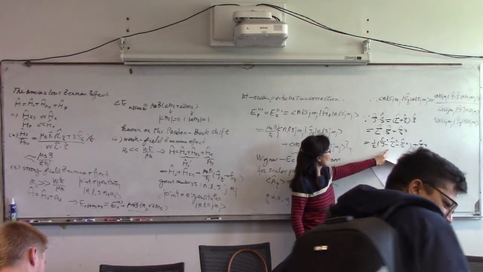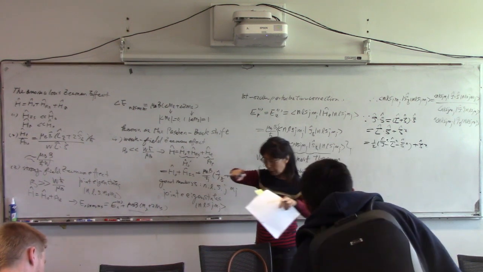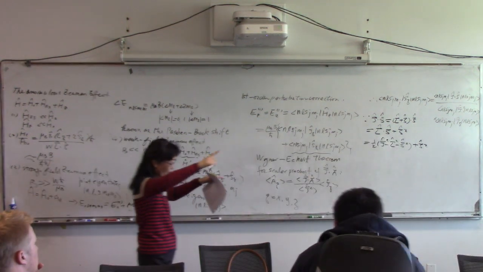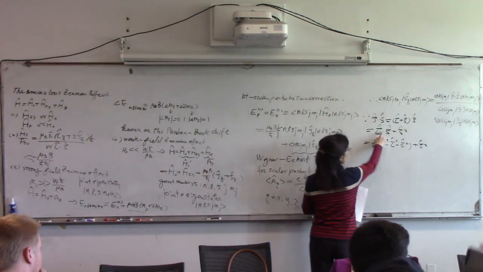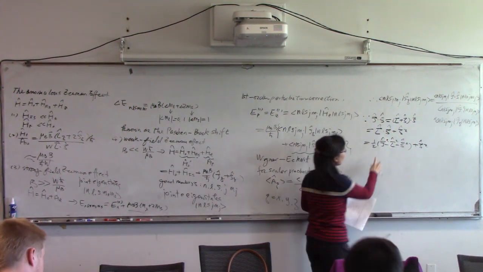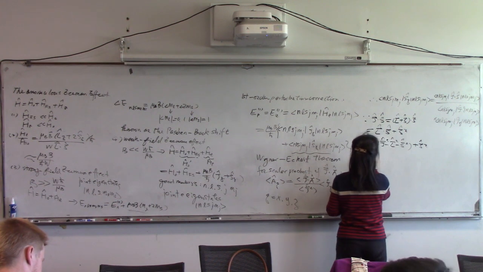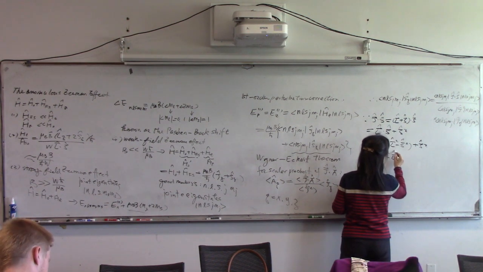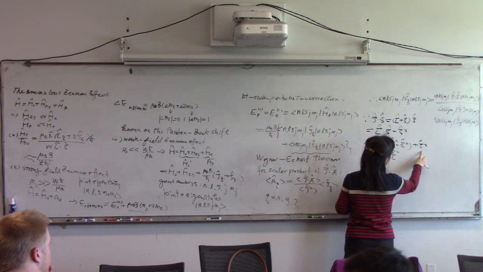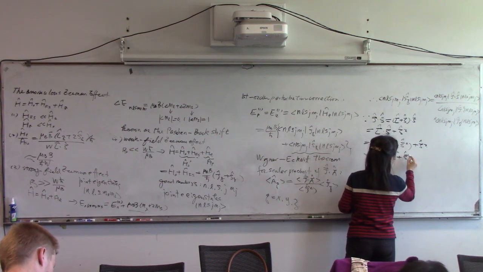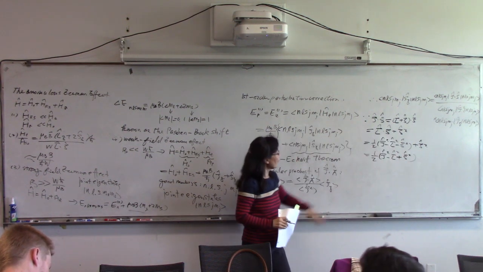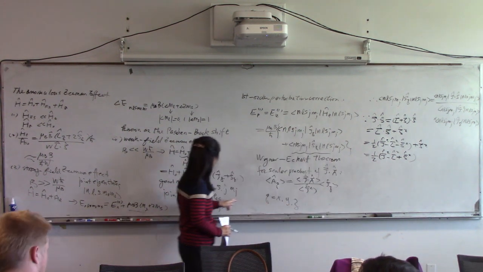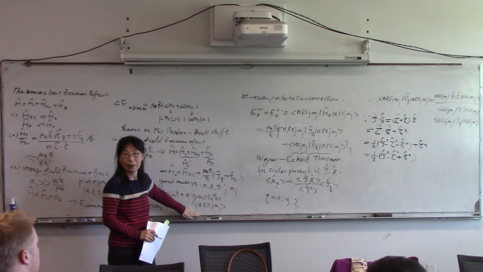Because J squared equals (L plus S) squared, so that is L squared plus S squared plus 2 L·S. Remember this. So now here J squared minus L squared, half S, and plus.